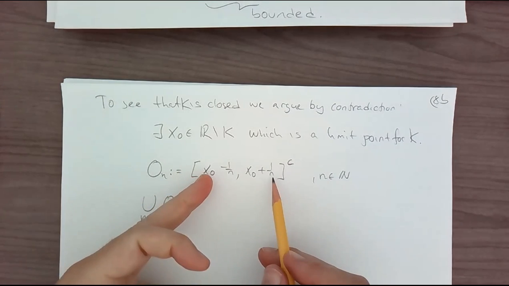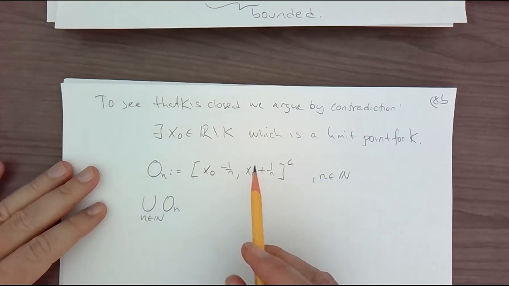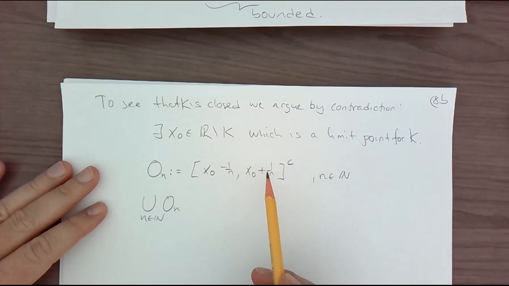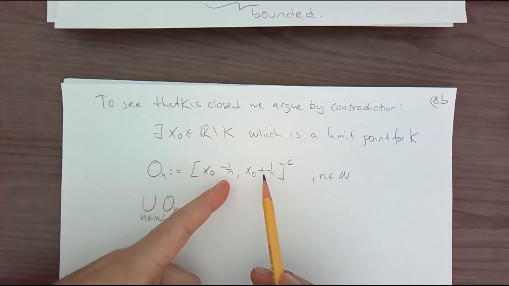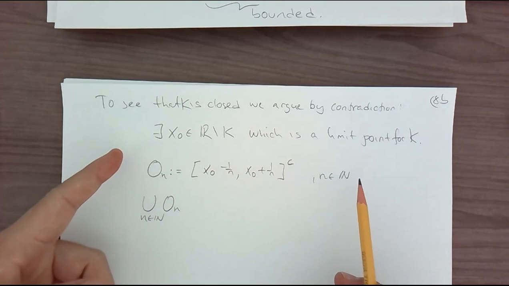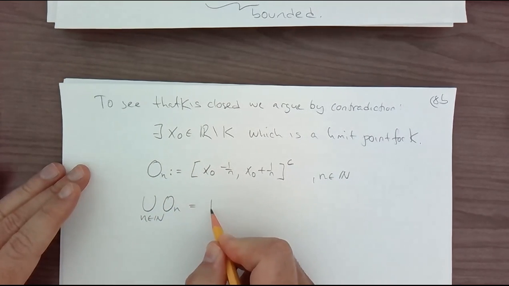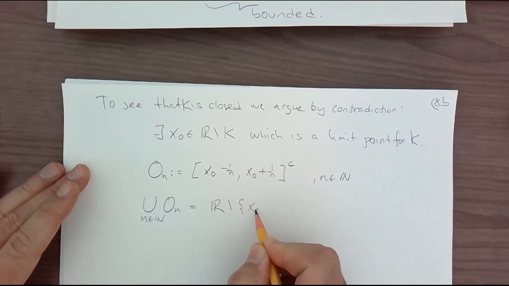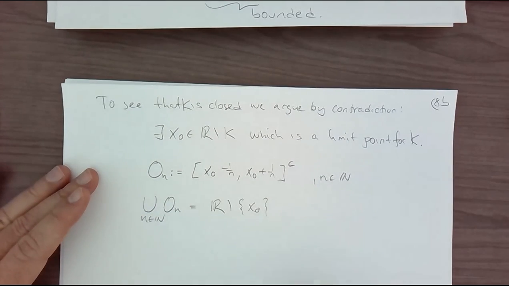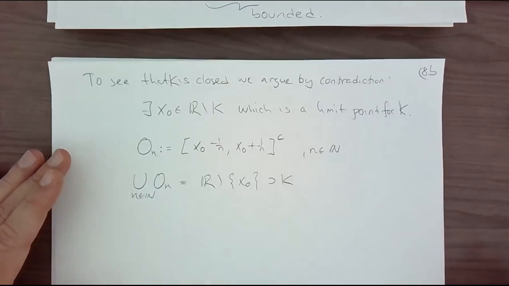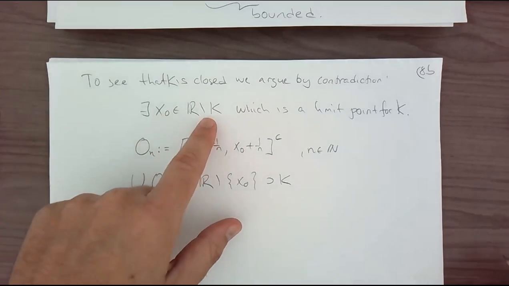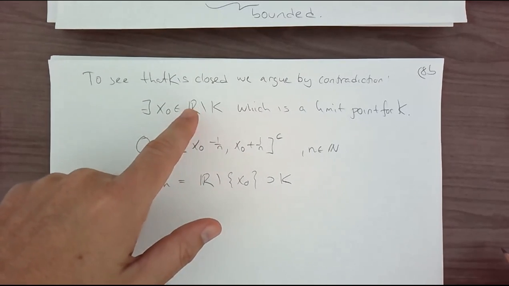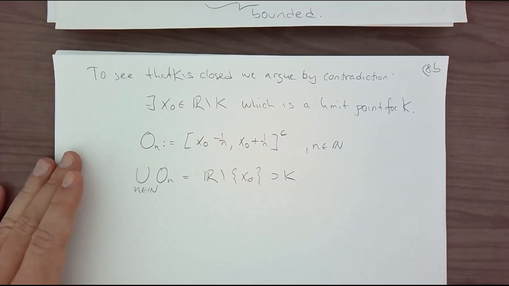As n increases, the intervals get smaller and smaller, so the complement gets bigger and bigger. I get R less my x0, and inside here is where you'll find K, because the assumption was that x0 was not there.